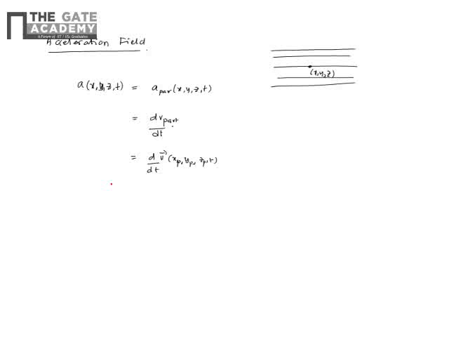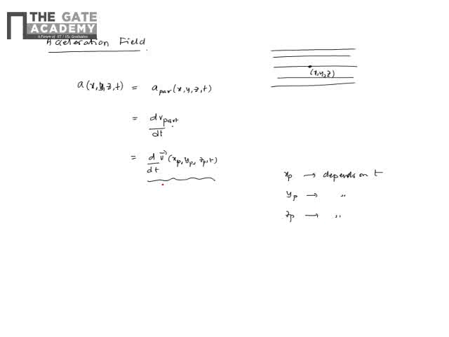So now how do I differentiate that? This means that xp is the x coordinate of the particle, which also depends on time. yp also depends on time. zp also depends on time.